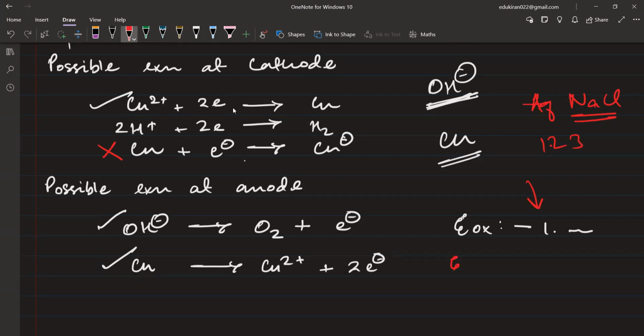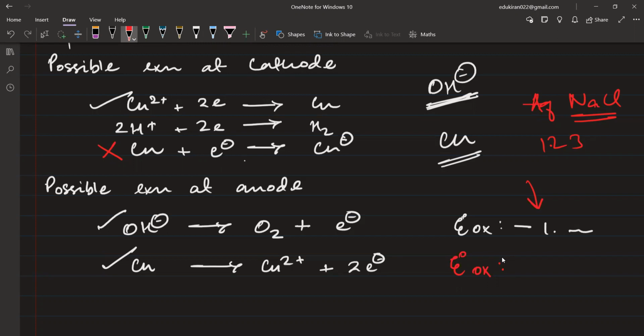Now, can anyone remember what is the E naught oxidation of copper? Please flip some pages, move to the part where we have learned the standard EMF of the cell. In the standard EMF of the cell, we have done so many questions on zinc and copper cells. In zinc and copper cells, we had reduction potential given for copper.